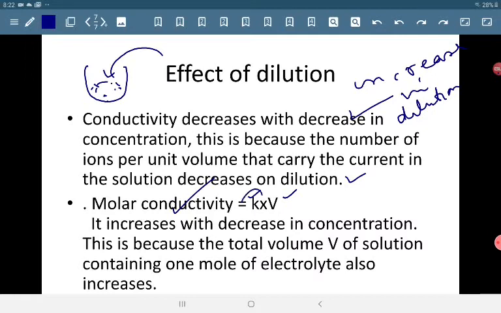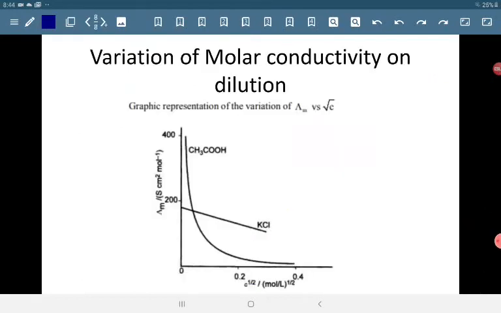No doubt kappa decreases, but volume increases. So the increase in volume compensates this decrease in conductivity, and overall the magnitude increases on dilution. Total volume V of the solution containing 1 mole of electrolyte increases.